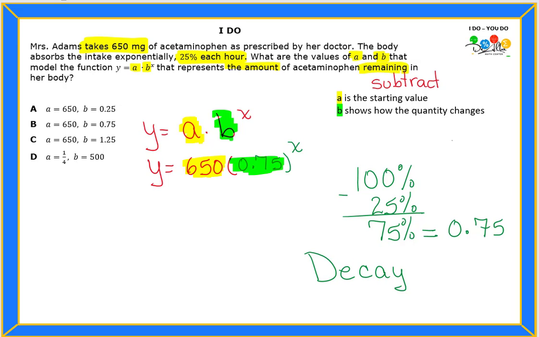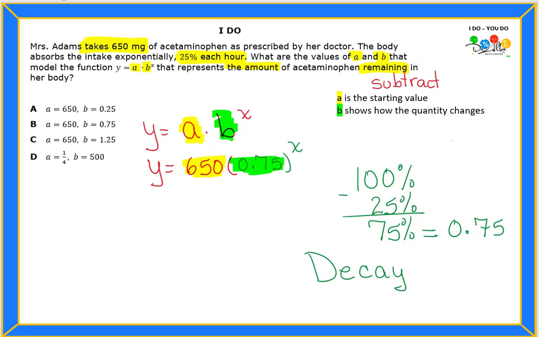So keep that one in mind. Try not to be confused. I know sometimes it's a little bit difficult to understand some of the questions, but the content of the problem is very important, from where it says how much percent the body absorbs, and then that will give you how much actually is remaining in the body.